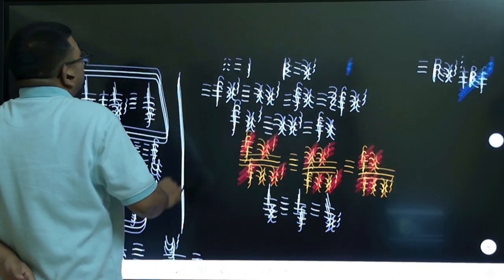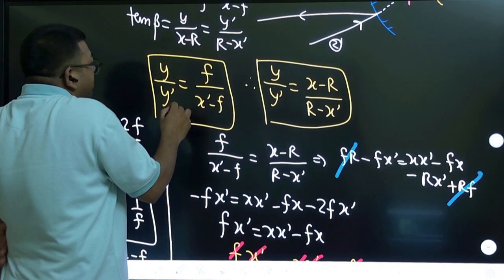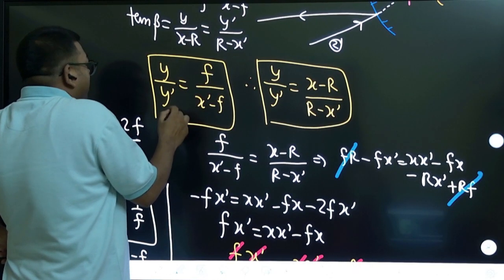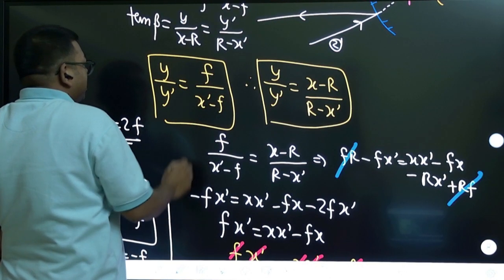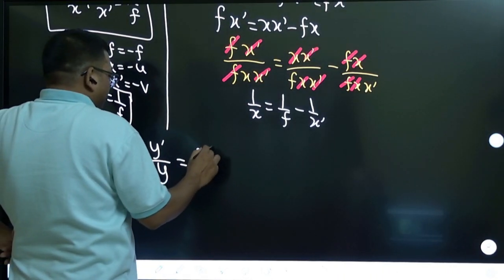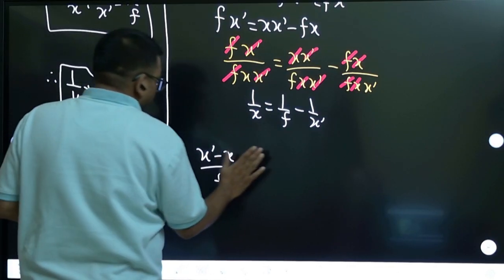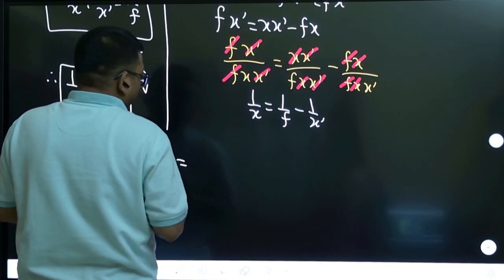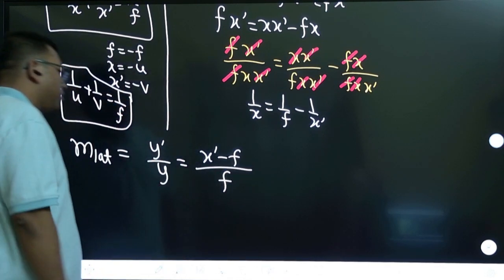We have got y by y dash, so y dash by y is the reciprocal: x dash minus f by f. Okay, that is what we have got.